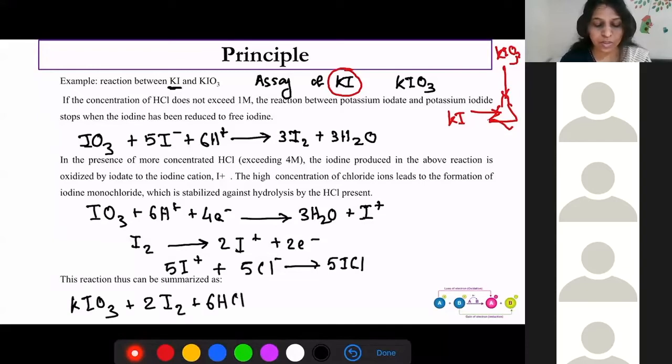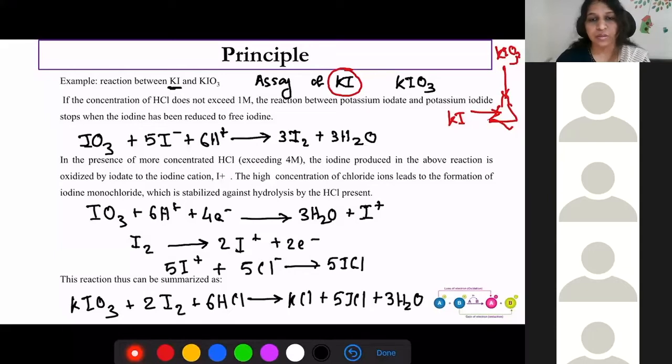We are going to learn the balancing of the reaction very soon. So this is the way I can summarize the reaction.